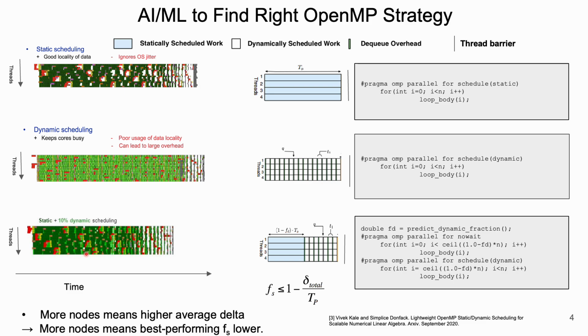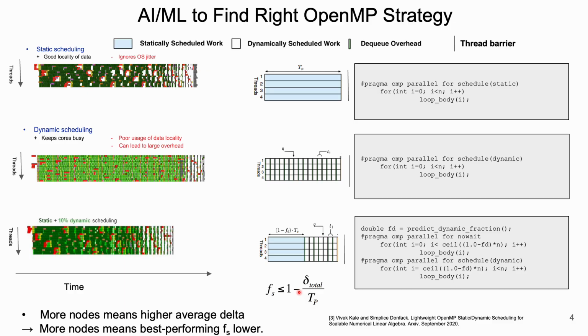But we can also create a cost model for this, given the search space for finding the best static fraction is large. In this work shown, I developed a cost model that bounds the static fraction by the following formula, given prior information on the expected noise duration in a time step and the length of the time step.